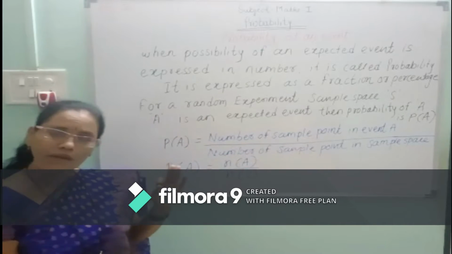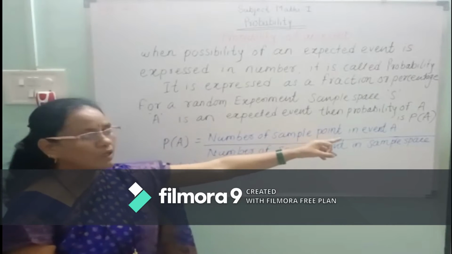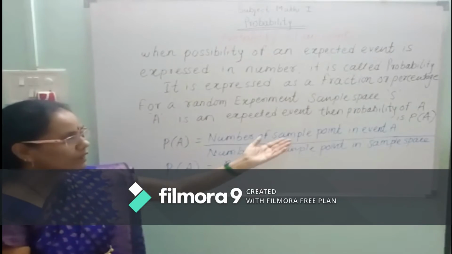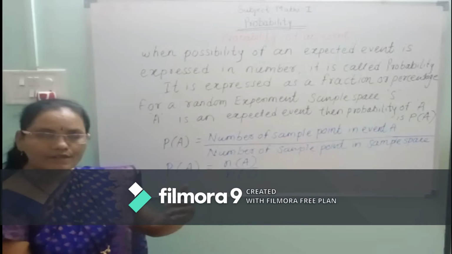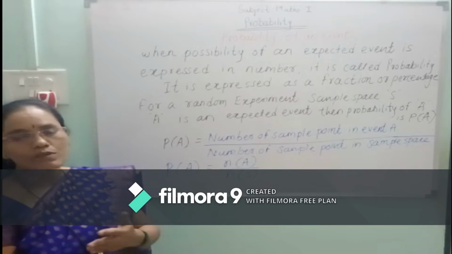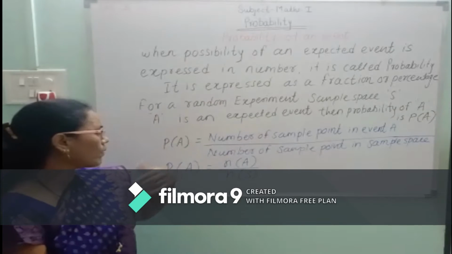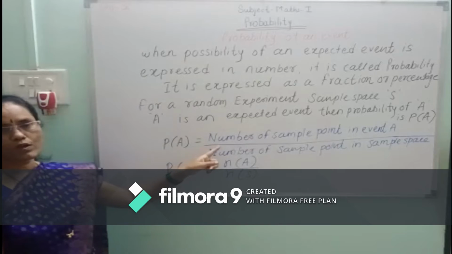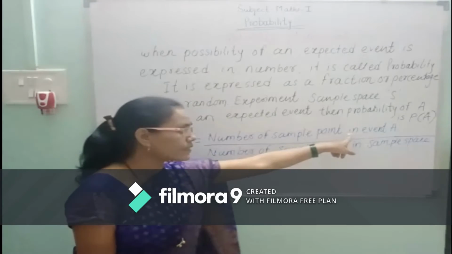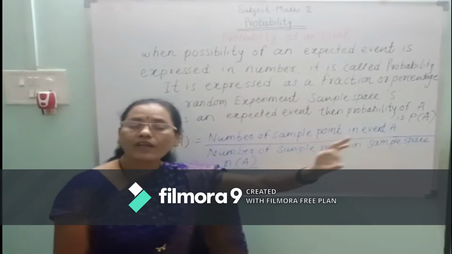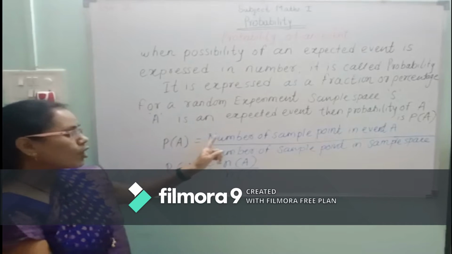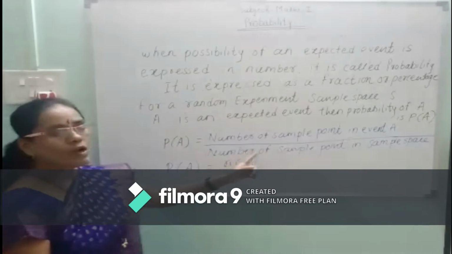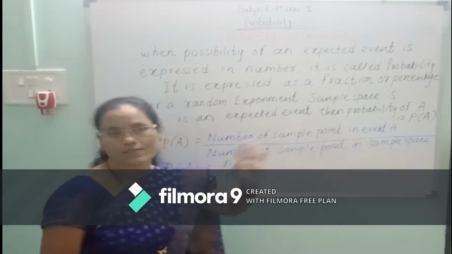Then the probability of A is denoted by P of A. Event B is denoted by P of B, and event C by P of C. So we get the formula: probability of an event, P of A, is equal to the number of sample points in event A divided by the number of sample points in the sample space.